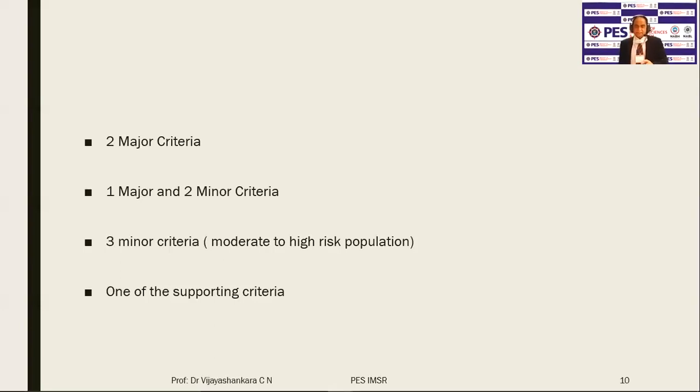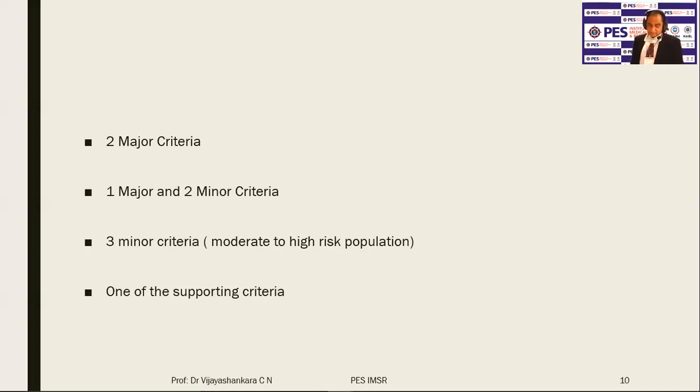Sometimes three minor criteria in a moderate to high risk population can be considered as suggestive of acute rheumatic fever. Three minor criteria may not be taken into account in a low risk population, but in moderate to high risk population, sometimes it can be taken into consideration.